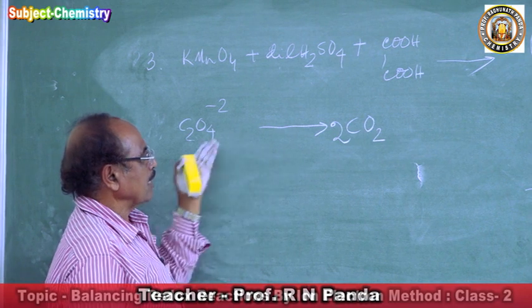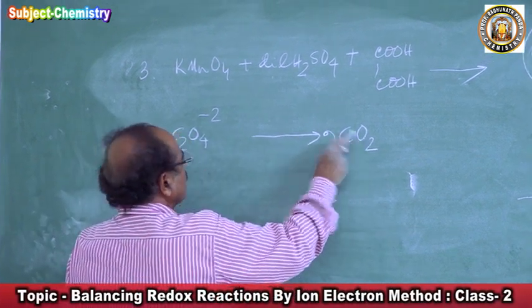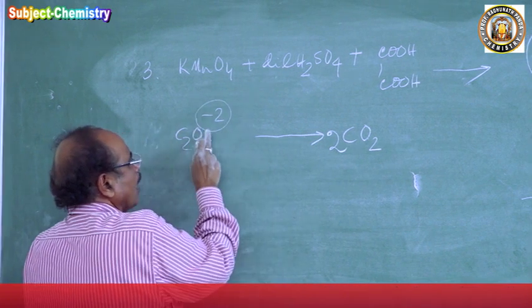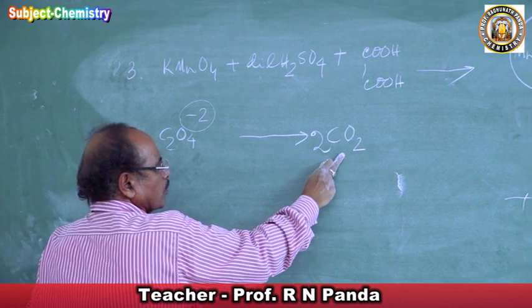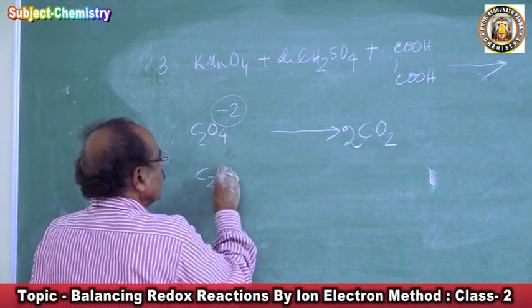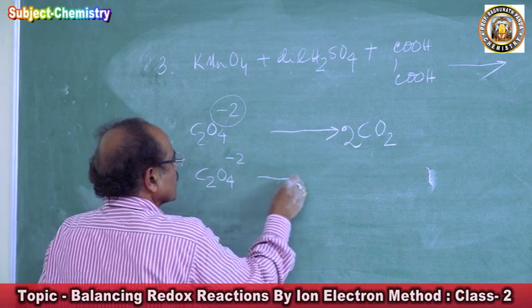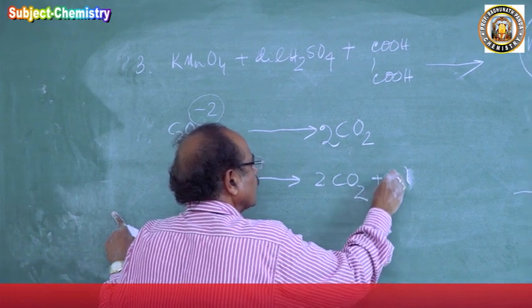Now the charge: how many negative charges on the left side? 2. So on this side you have to add 2 electrons. So C2O4²⁻ is forming 2CO2 plus 2 electrons.